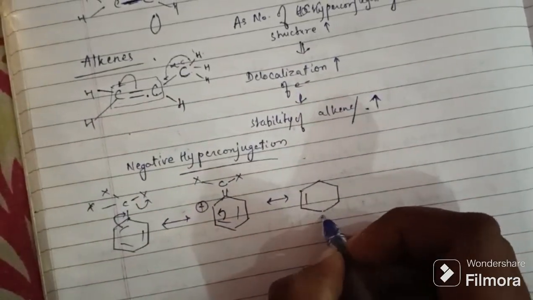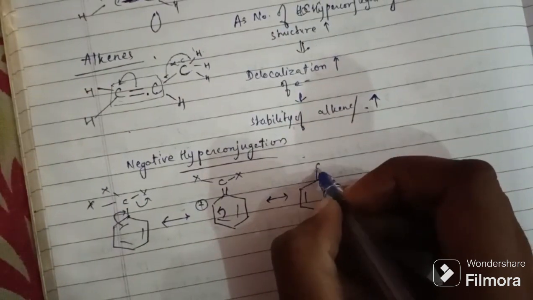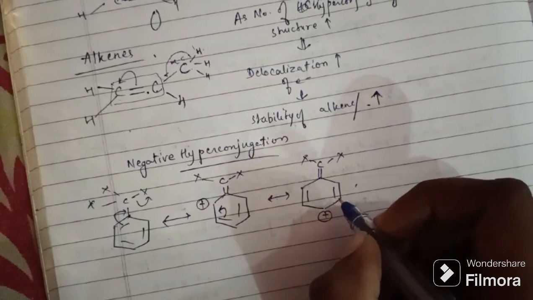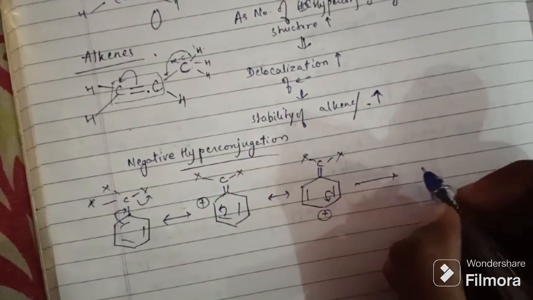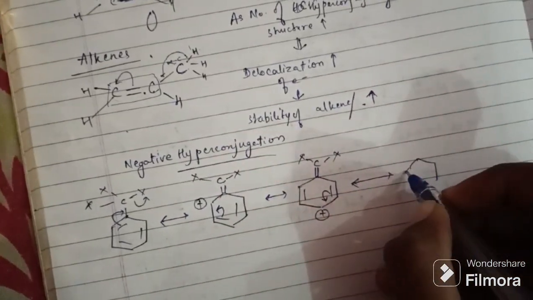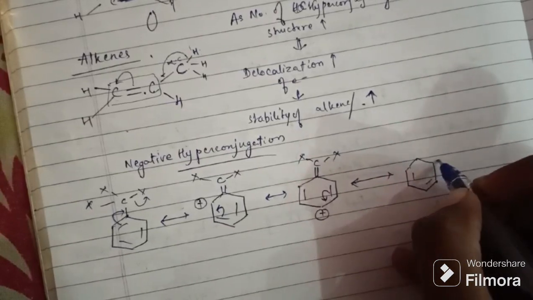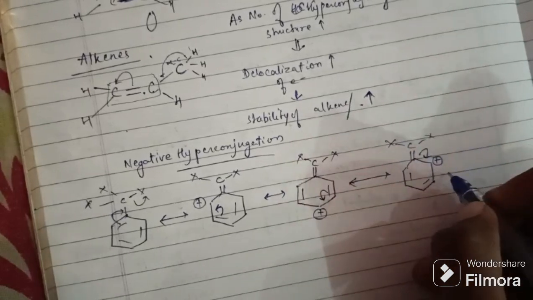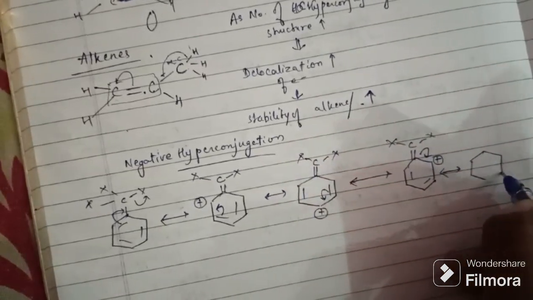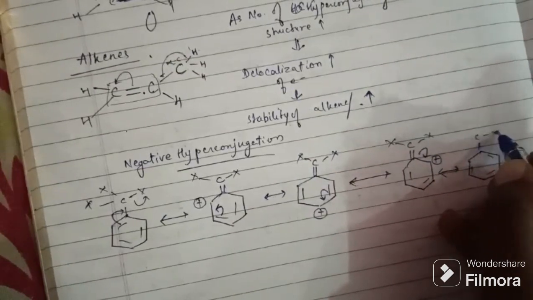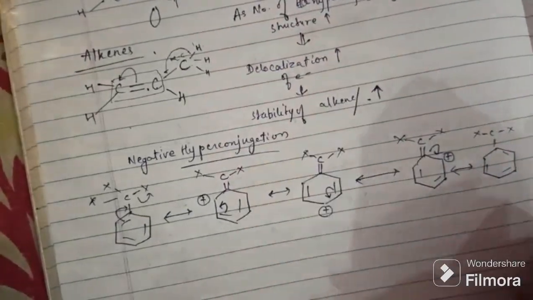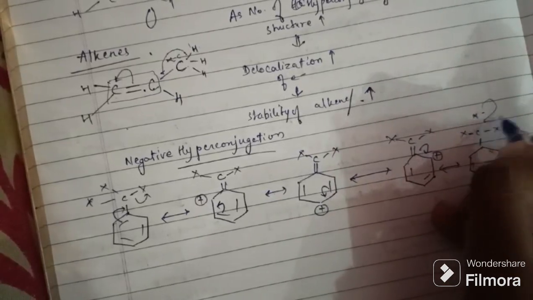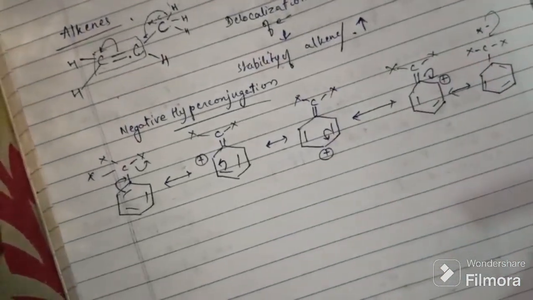Next, to balance this, again there is an attack. So this is a reverse hyperconjugation.